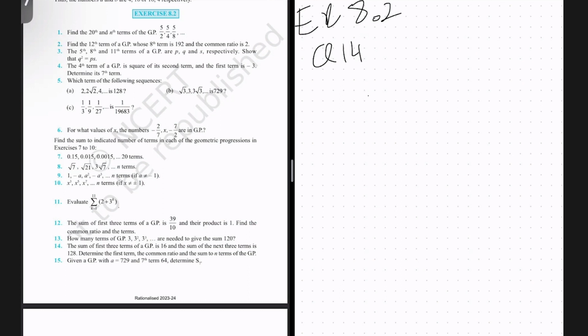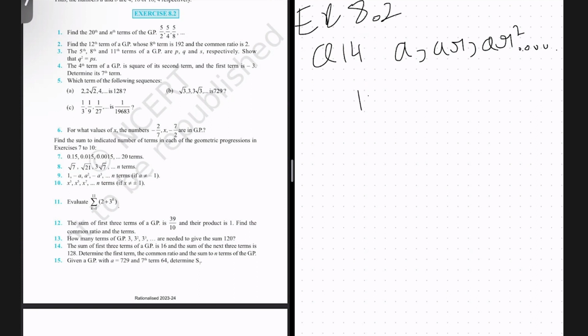So I'm just going to assume 3 basic terms. Let us assume that the GP is going to be of the form a, ar, ar square, and so on and so forth. This is going to be my GP.